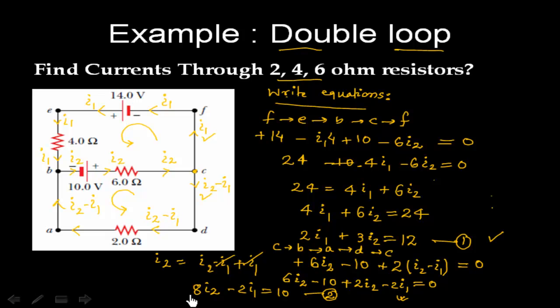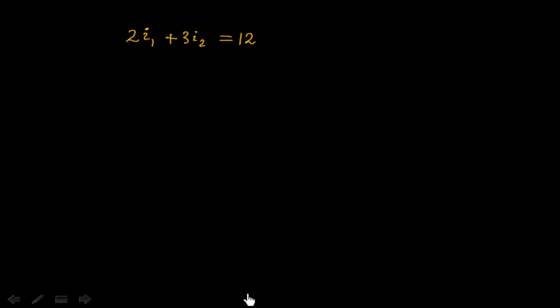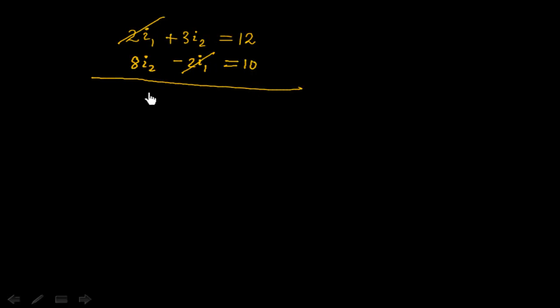The second equation is 8I2 minus 2I1 equals 10. We can add these two equations. If I add, the 2I1 terms cancel, so we will have 11I2 equals 22. So from here we can say I2 equals 2 ampere.